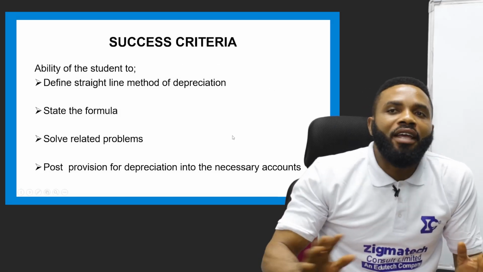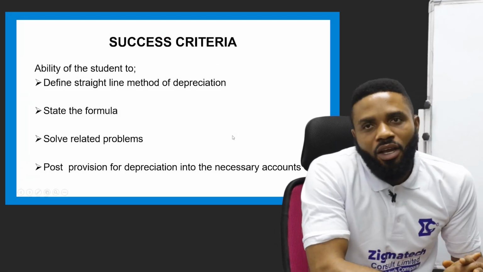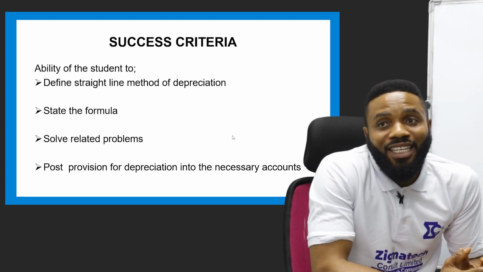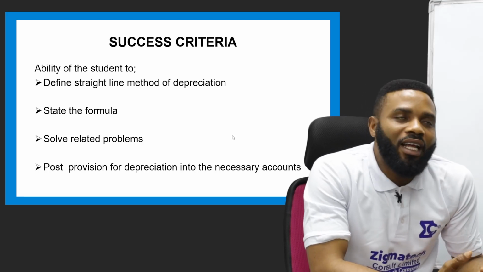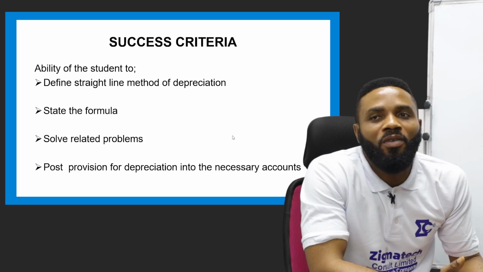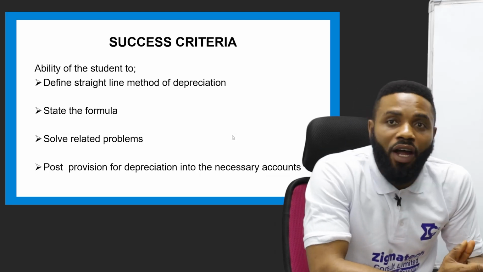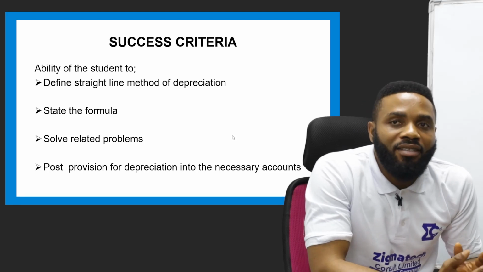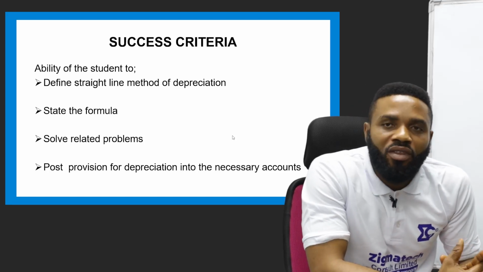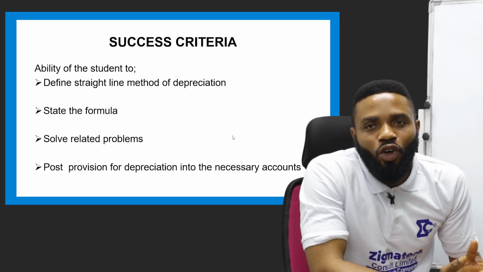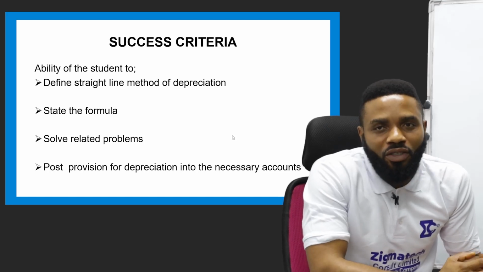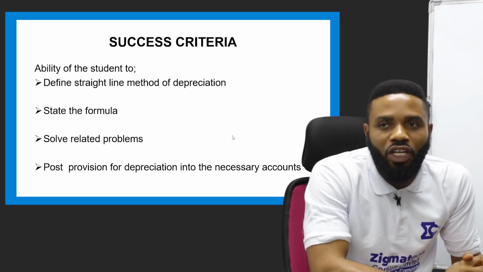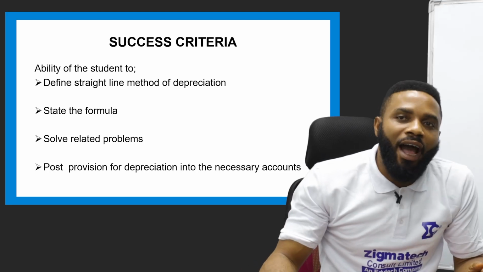At the end of the lesson, there is what we call success criteria, things that show that we have achieved our objective. Number one, if we are able to define the straight line method of depreciation, state the formula, solve related problems, and post provision for depreciation into the necessary account.